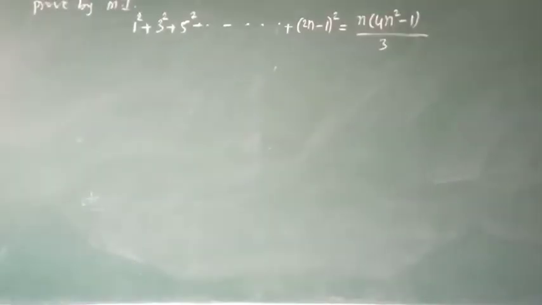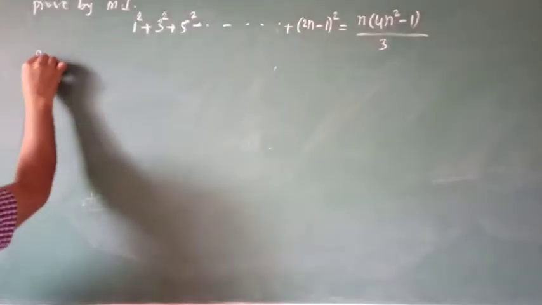So the answer is 1 square plus 3 square plus 5 square plus so on plus 2n minus 1 whole square equal to n into 4n square minus 1, divided by 3, proved by mathematical induction.